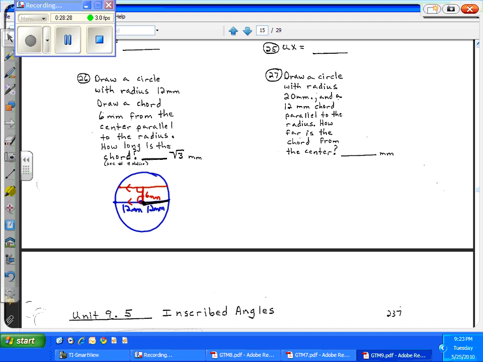You may say, well, how could you do that? Well, if this radius is 12, then we could draw a radius right here that was 12. And if I pull out that little triangle here, then this is 6, and this is 12.